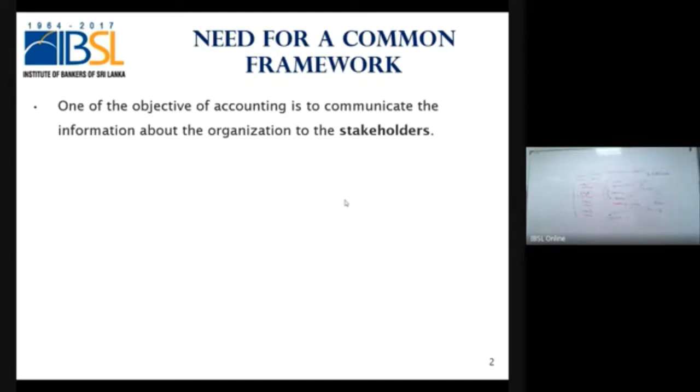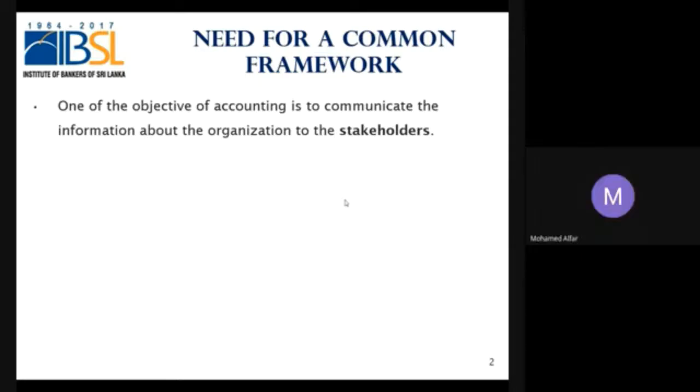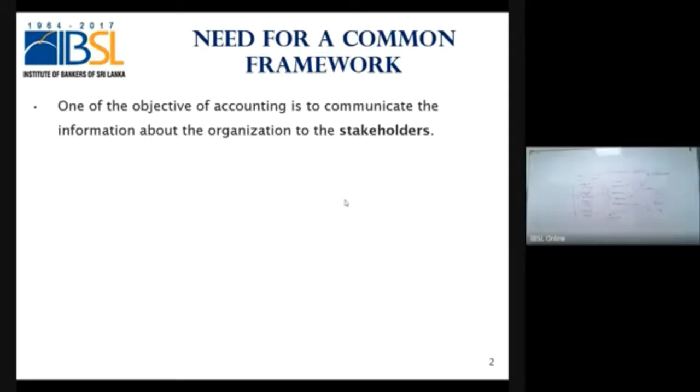So assuming that you all are bankers, now look at a bank and tell me who are the stakeholders of a bank. Depositors, very good. They are a very, very important stakeholder for you. Why?